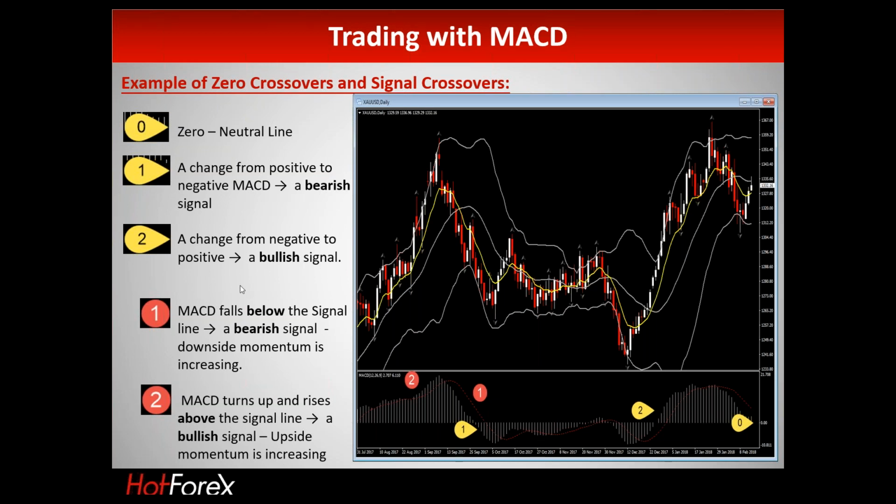So at the first zero point, we have a change from a positive MACD turning into a negative MACD. You see that switch, that turn at this area over here? So that's a bearish signal.